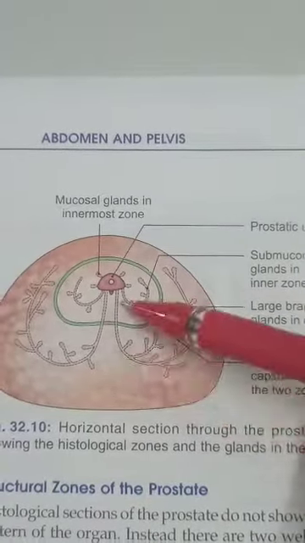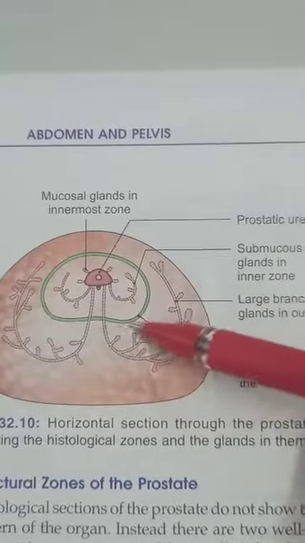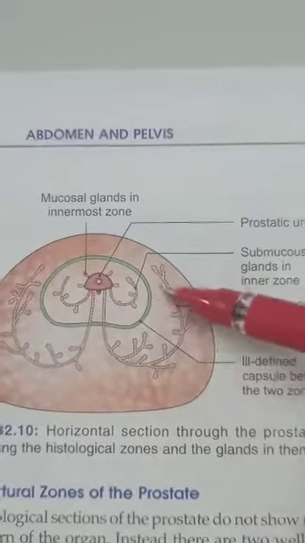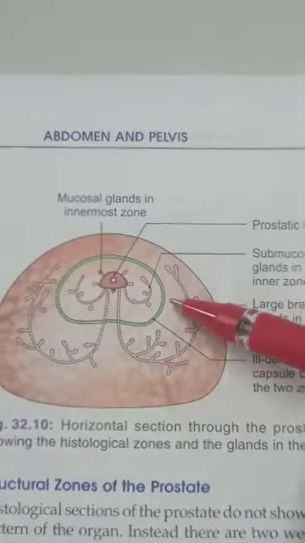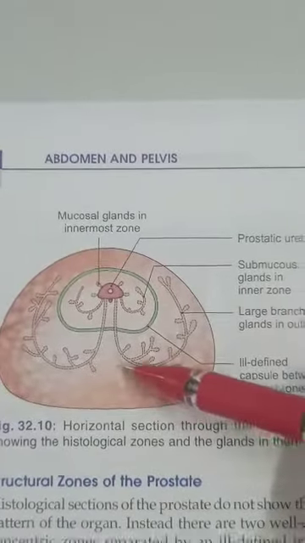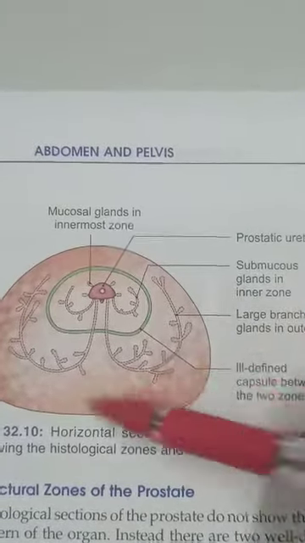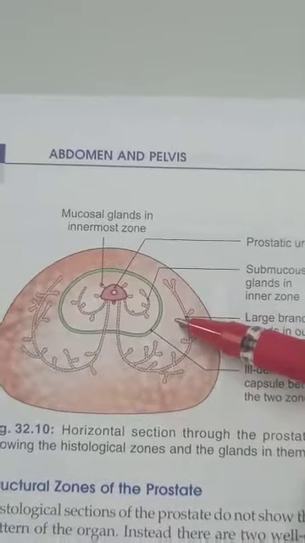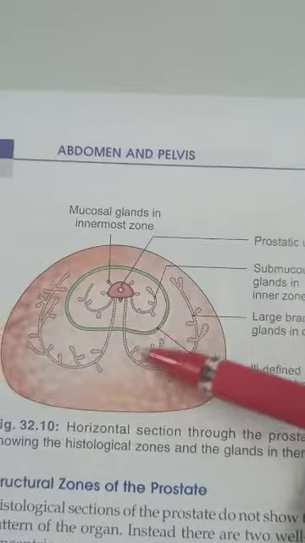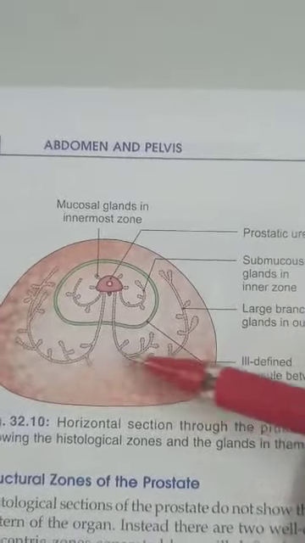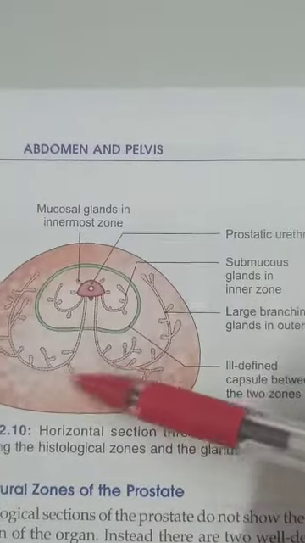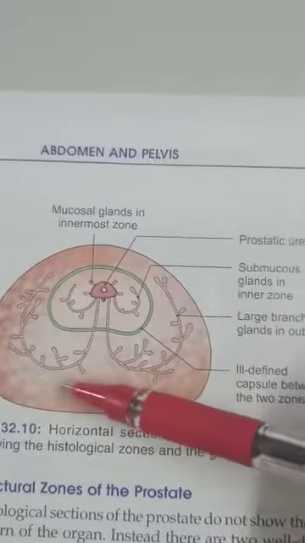Both zones are separated by an ill-defined capsule. This outer zone, which contains more glandular tissue, mainly in the posterior part, is the frequent site of carcinoma.